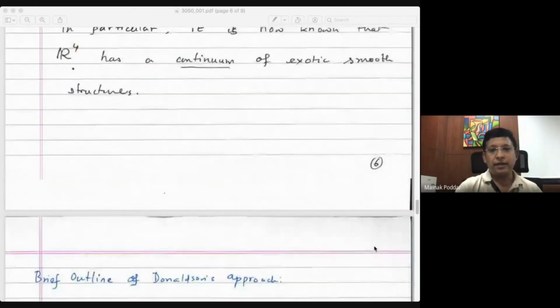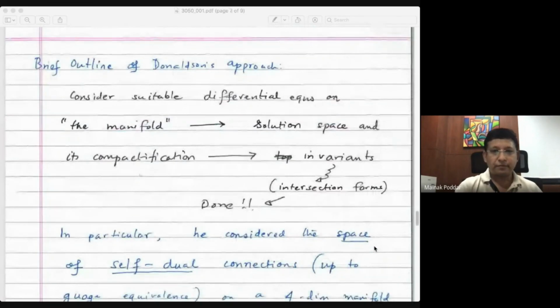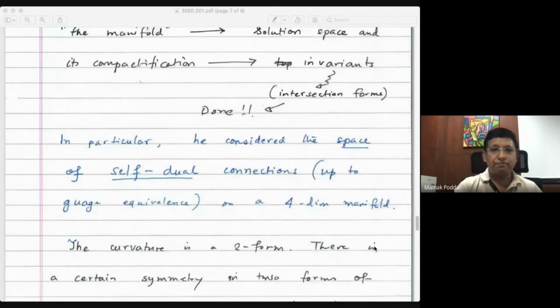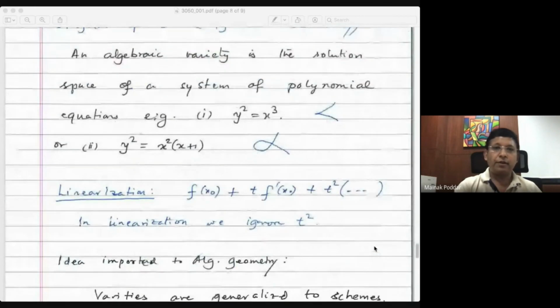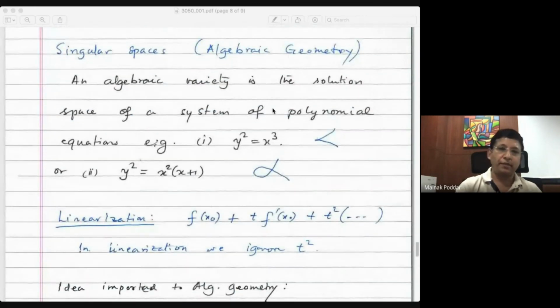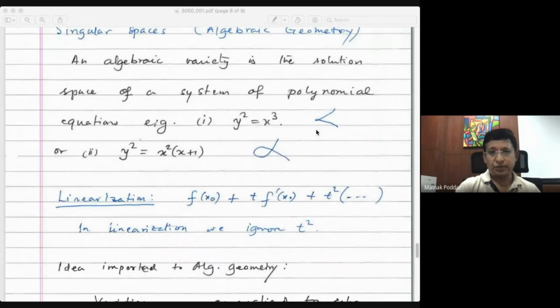Now let us go to some singular spaces, and some of the most well-studied ones are algebraic varieties, which are the solution space of a system of polynomial equations.